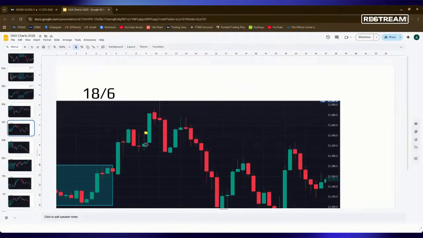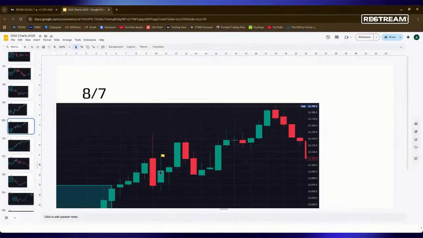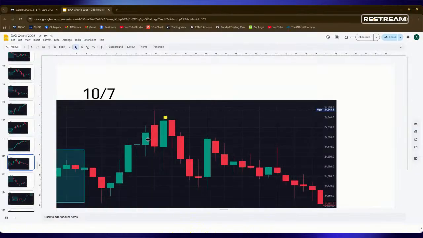Red bar, green bar, push to the upside before a downtrend later in the session. And then you've got the 8th of July. Red bar, green bar, very slow bull trend. And then the 10th, red bar, green bar. Not sure if that actually triggers.